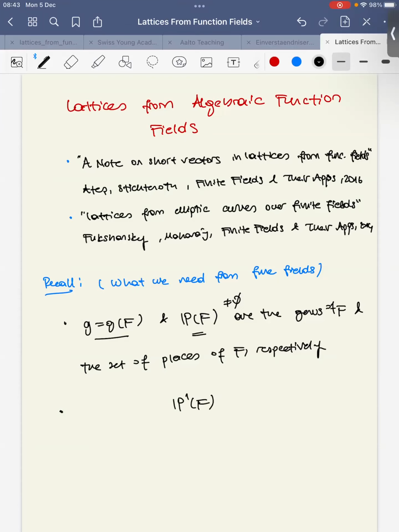But for the elliptic function fields and the rational function fields, particularly in their characterization, we have seen that there exists at least one rational place. But here in the lattice construction, we will be interested in the number of rational places, so its cardinality. There is an important fact: we will be considering function fields over finite fields, and in this case, this set is always finite and non-empty.